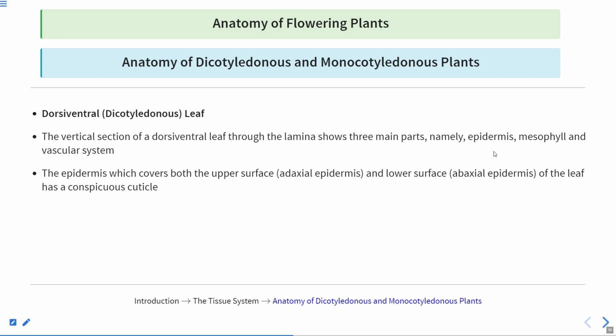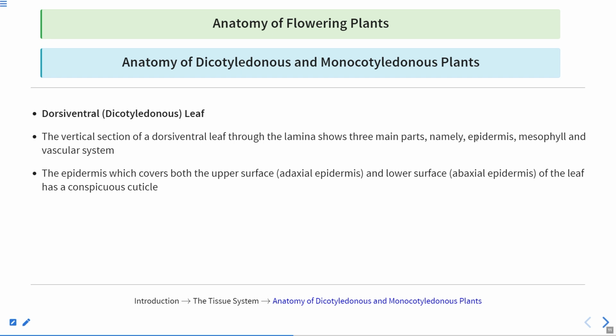I've told you that epidermis is the outer covering of all the parts of the plant, right? Whether it is a root, a stem or the leaf, so epidermis is present on the surface of the leaf also. Now, below the epidermis, what do you see? Mesophyll cells and the vascular system.